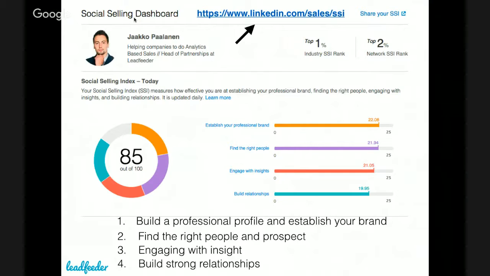So once you have found those people, then it's time to engage with insight. This means sharing quality content, being in the right place at the right time, so to say, in different communities and groups. Your target buyers might be sharing stuff, so comment on those, ask them some questions.